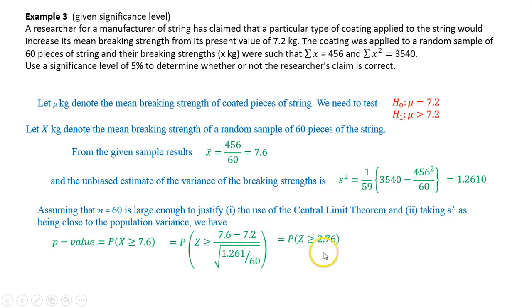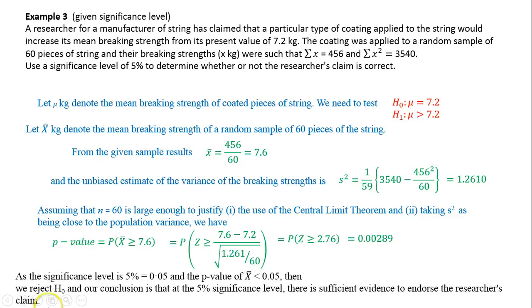So we are testing that z is greater than or equal to 2.76. Looking that up, we get the p-value is 0.00289. The significance level was 5%.